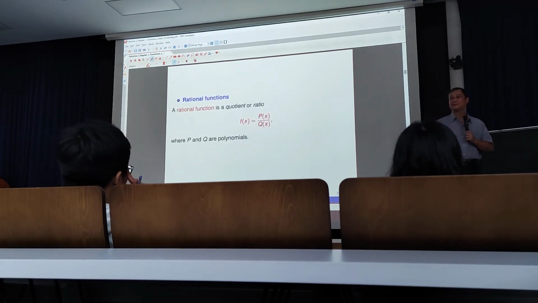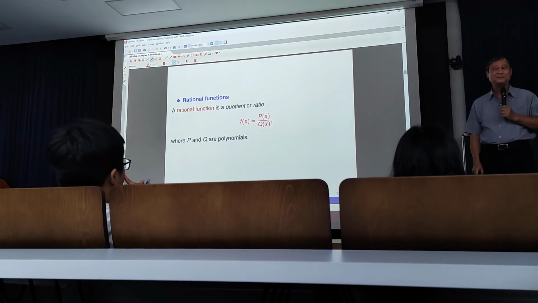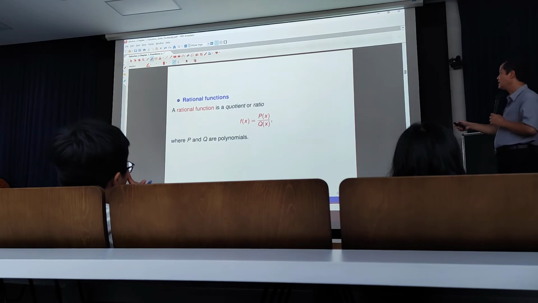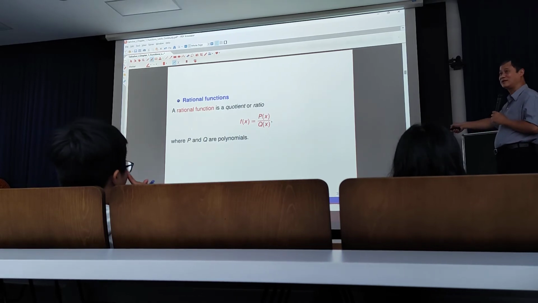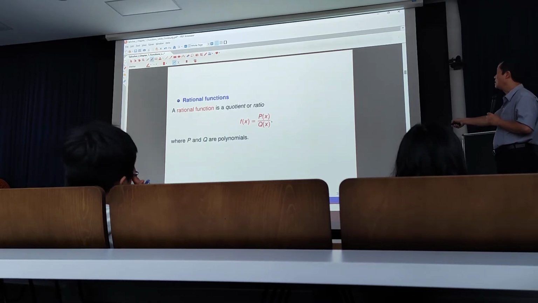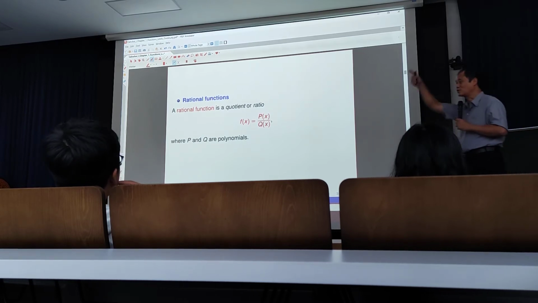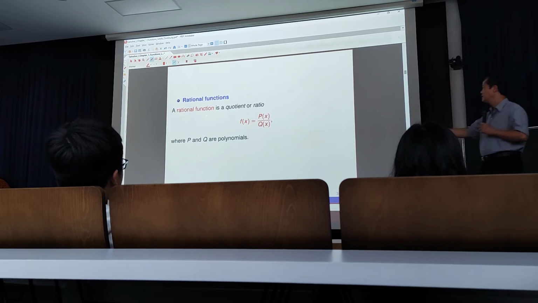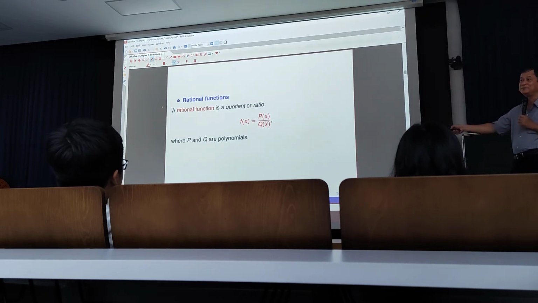Rational function là hàm gì? Hàm hữu tỉ. Rational function is a function of the form quotient or ratio of two polynomials. Tỷ số của hai đa thức thì gọi là hàm hữu tỉ.